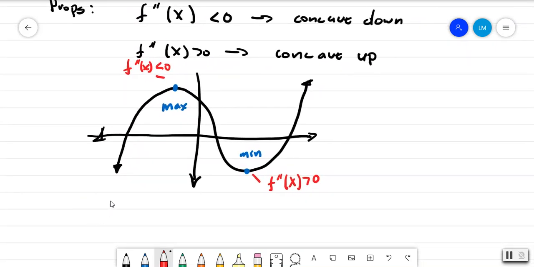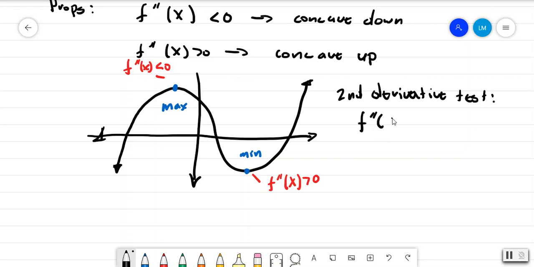So what I just wrote down is basically what we call the second derivative test. The second derivative test says that if you have a critical point and it's less than 0, this implies that you have a max. If you have a critical point and this is greater than 0, this is a min.